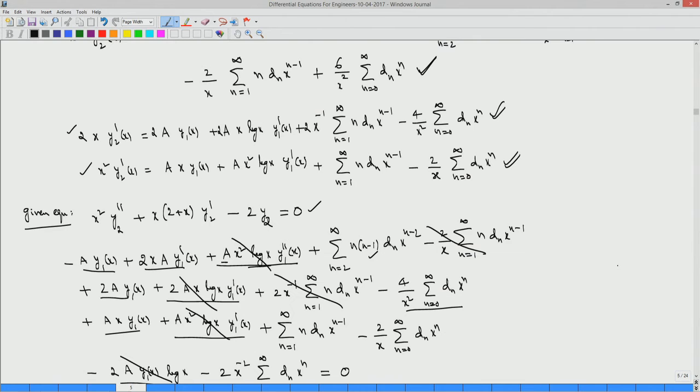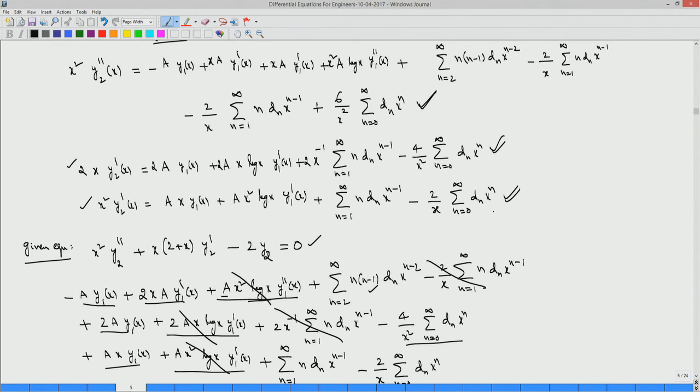So y2 is satisfying this, so when we substitute y2 double dash, y2 dash and y2 into this equation, what we had missed is these two terms. When you have this x square y2 double dash, I added only this part, so the remaining you can add here now.